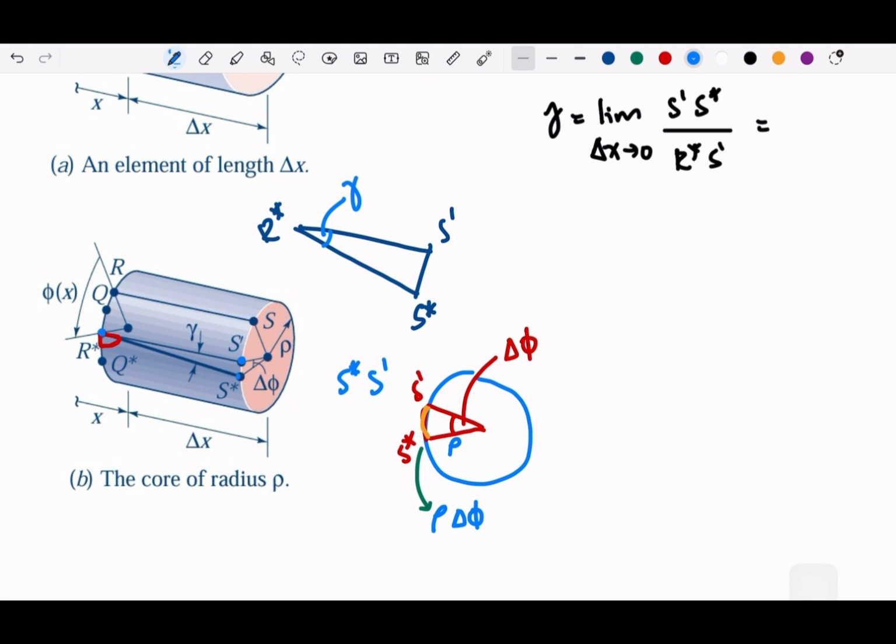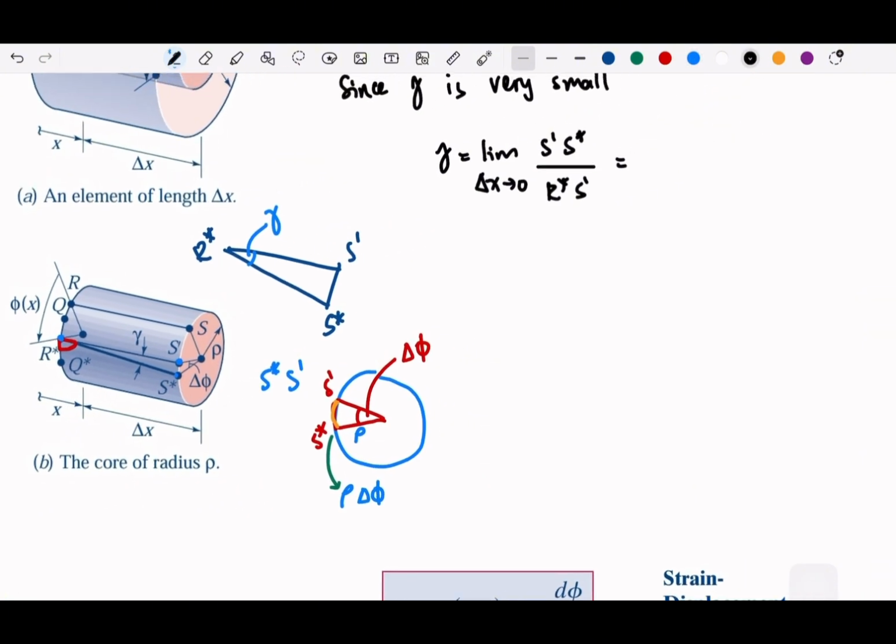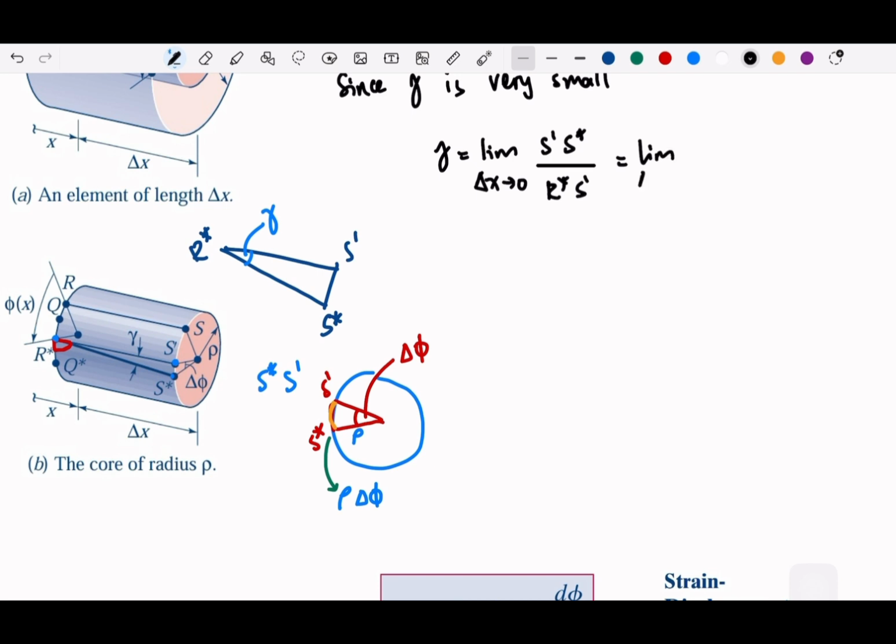So we can write the arc length S prime S asterisk as rho delta psi, over R prime S prime, which is the delta x.